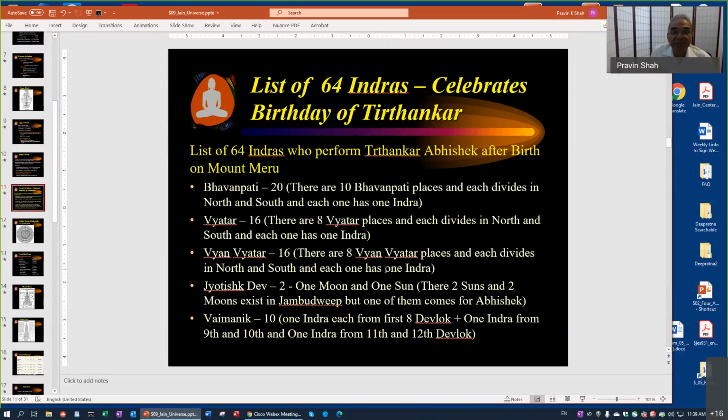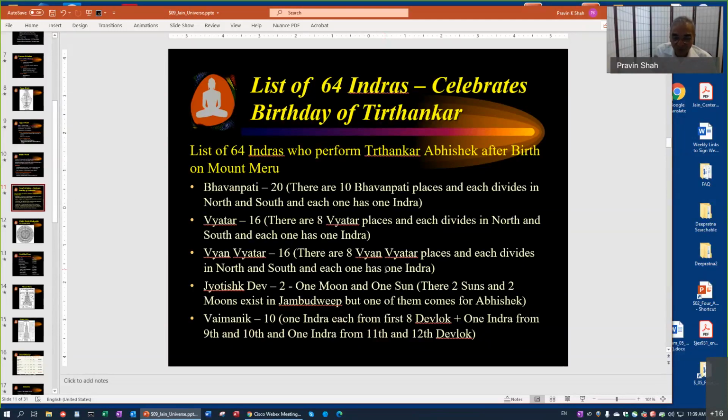So the Jyotishk Devs are in the middle world, and one moon and one sun, two of them, come. There are two suns and two moons, as we discussed last time.